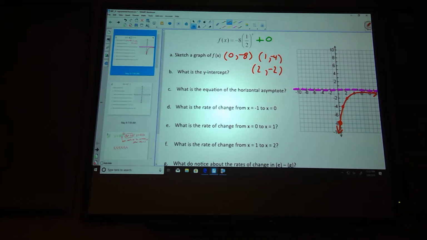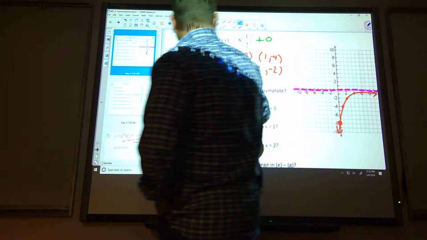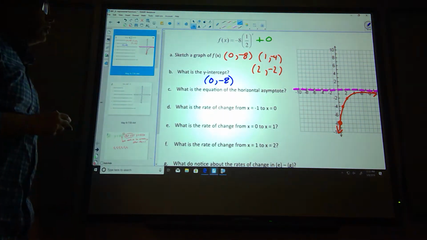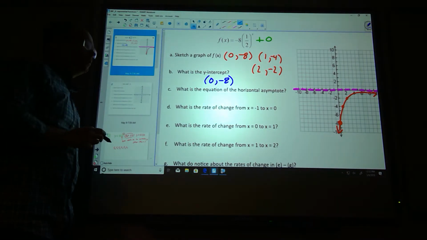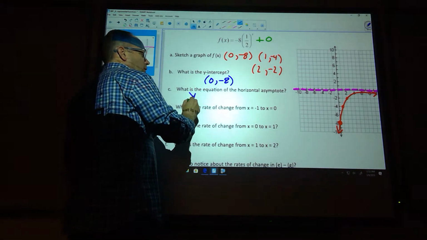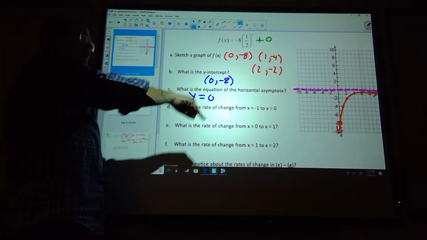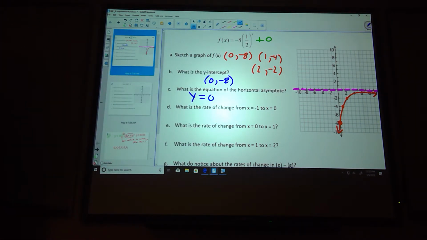Where's it cross that vertical y-axis? So the y-intercept, let's list it as a point: 0, -8. Is that okay? What is the equation of the horizontal asymptote? Well, the equation is y equals 0, because y equals 0 is a horizontal line, and it goes right over the x-axis.